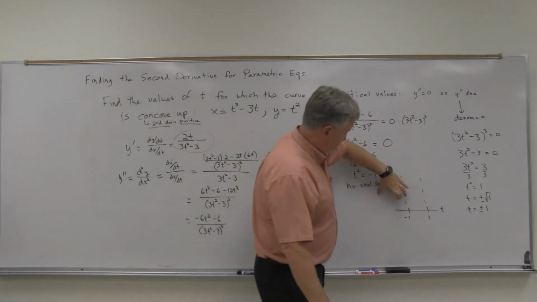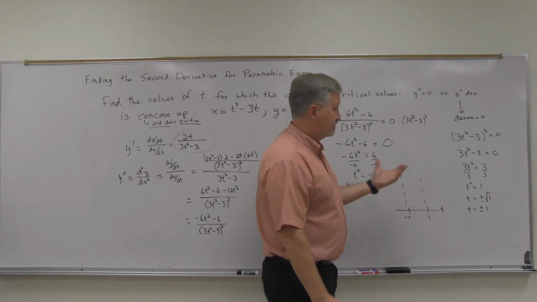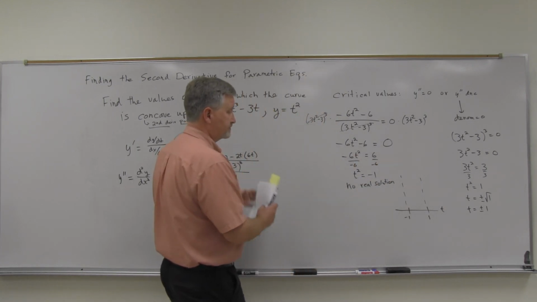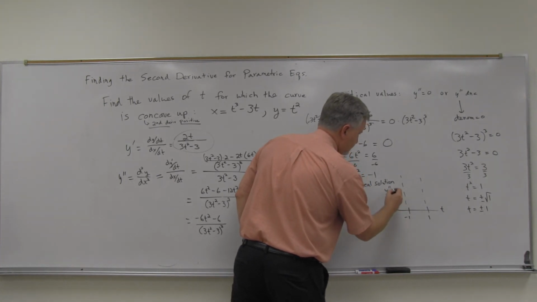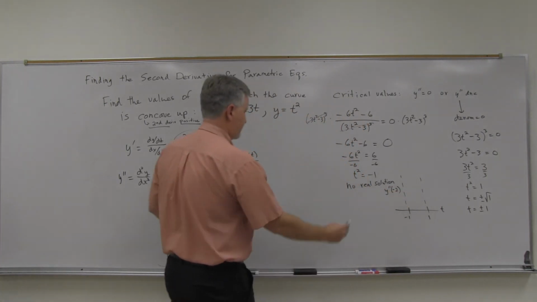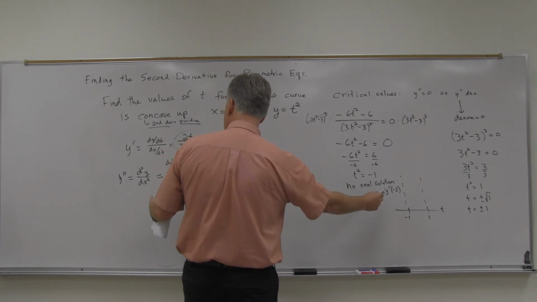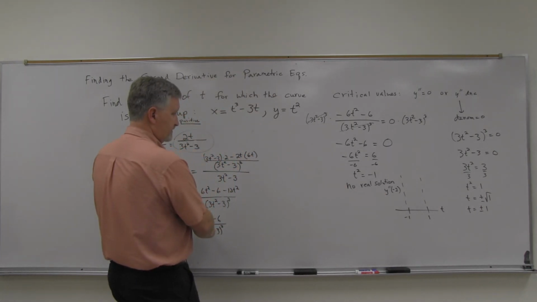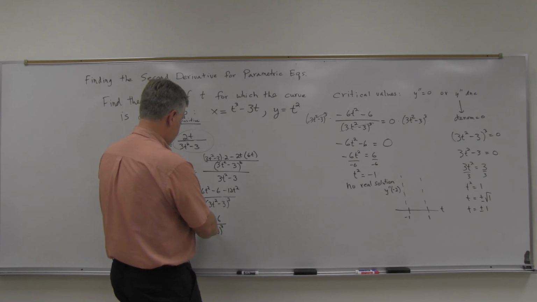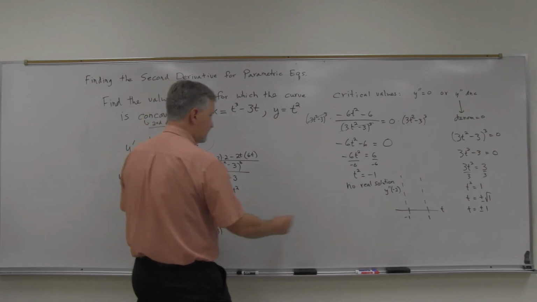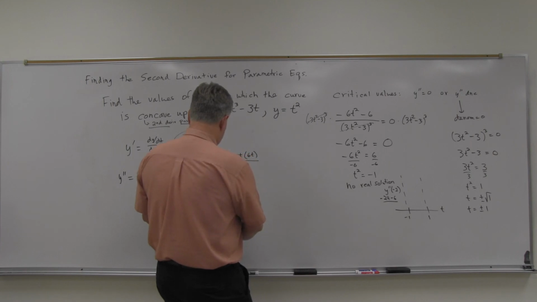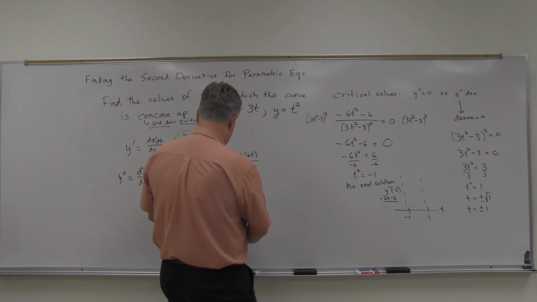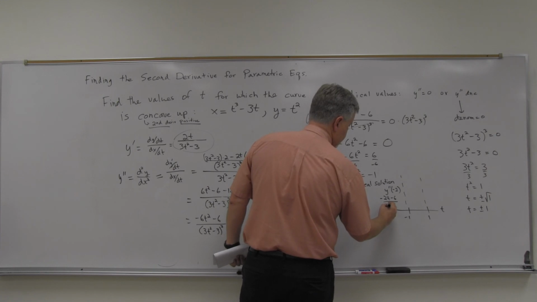So just pick a number out of each region and see what happens to the second derivative. In this part, if I plug in t equals -2, what do I get? It'd be -24 minus 6 over 12 minus 3, cubed.